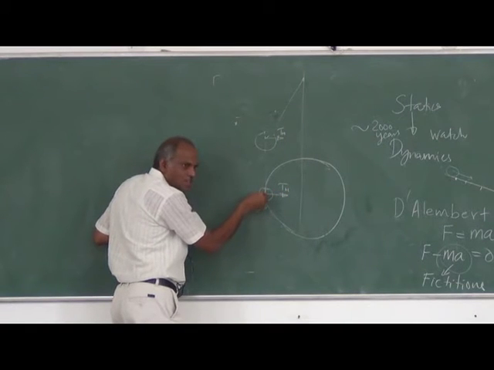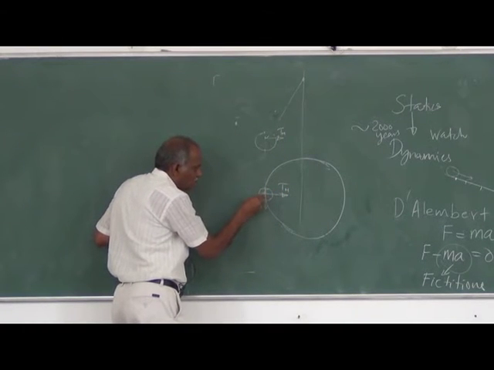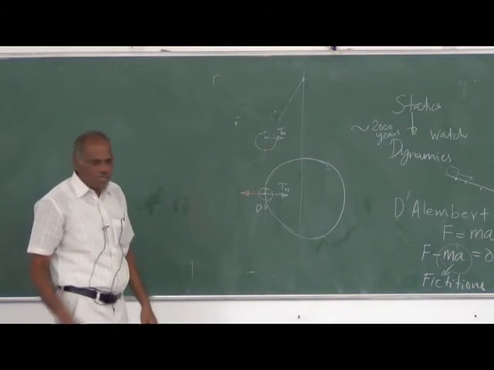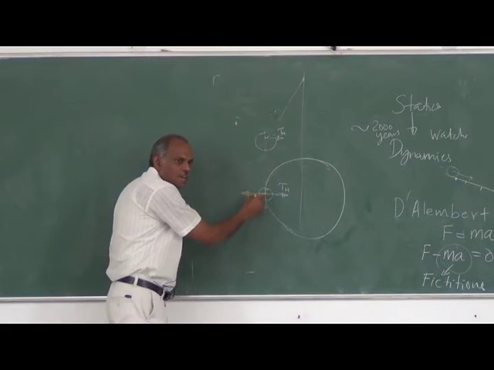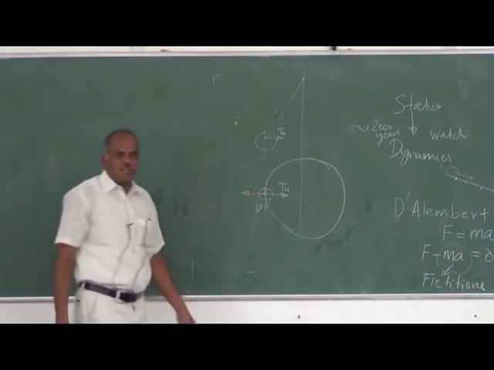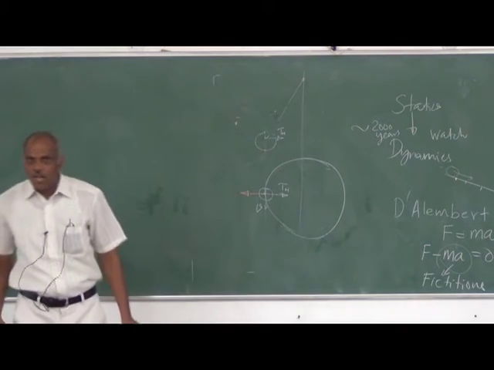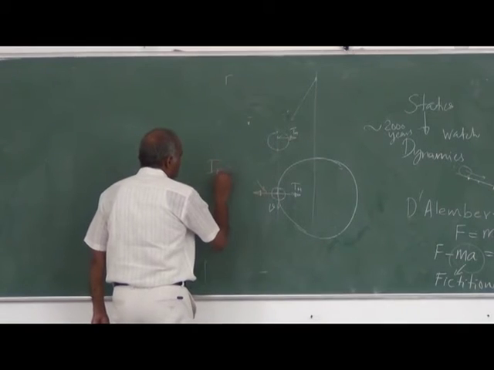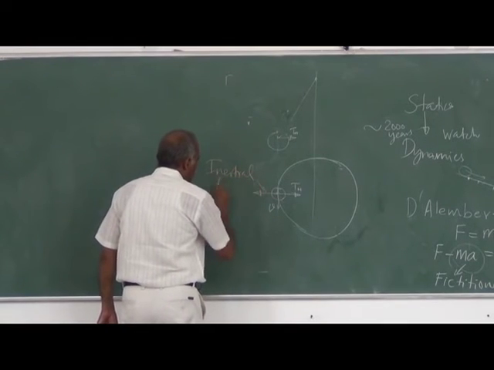I introduce that fictitious force, which is opposite to the direction of acceleration, but has the same magnitude as the net force acting on it. So this force is the fictitious force that is called inertia force, or inertial force.